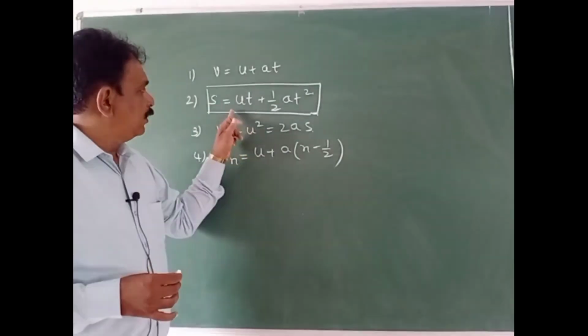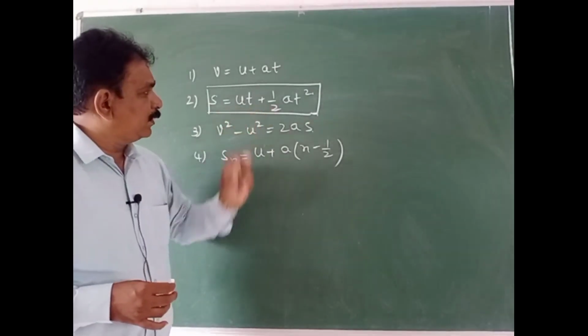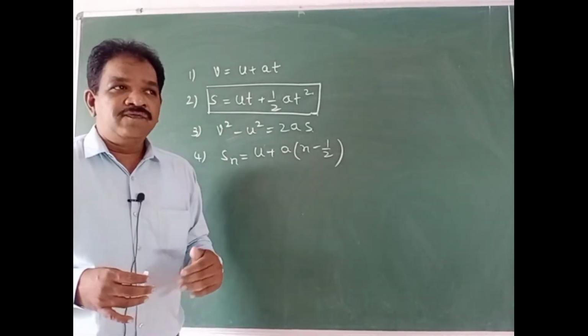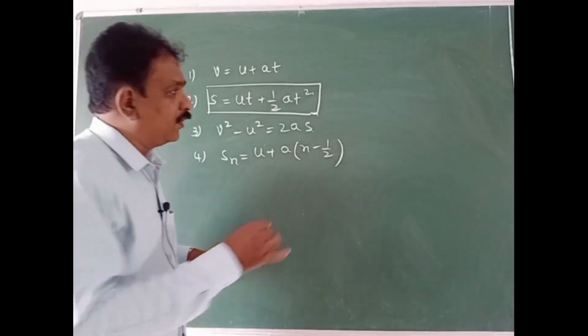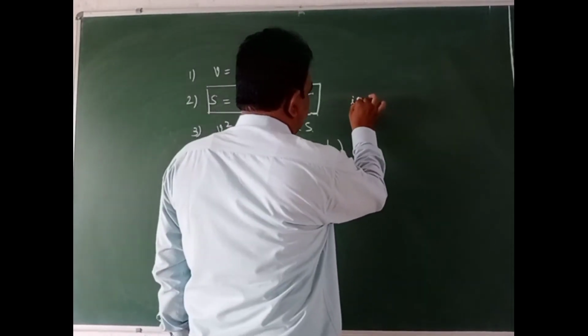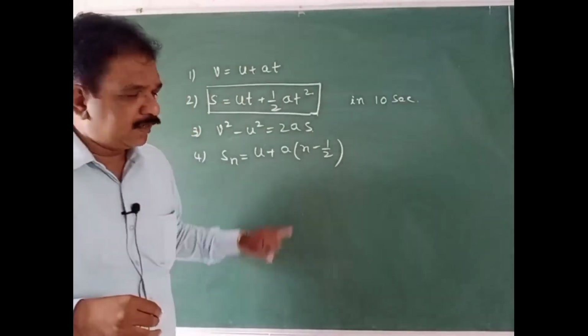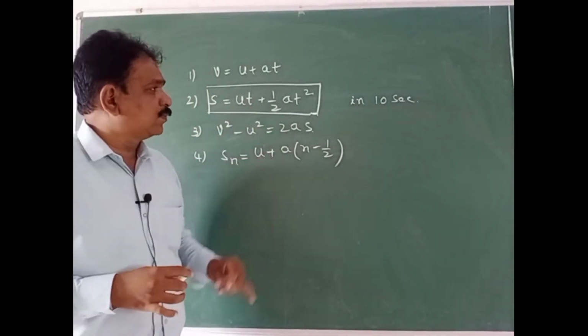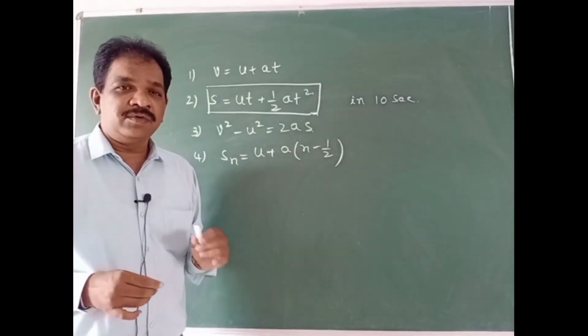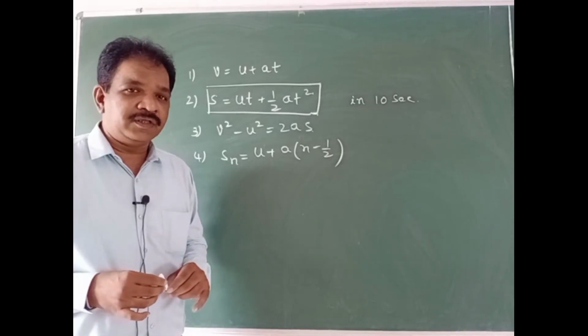So here, s = ut + half at square. If the problem says find the displacement of the body in 10 seconds, then you have to use this formula, s = ut + half at square.